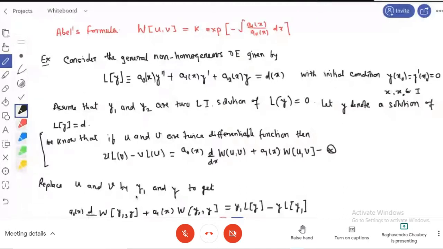So if you replace u and v in this formula, you get this relation.